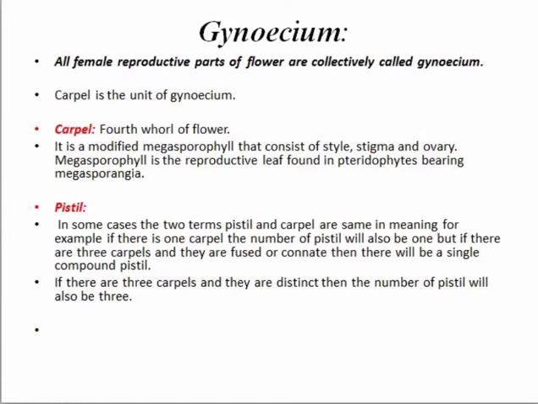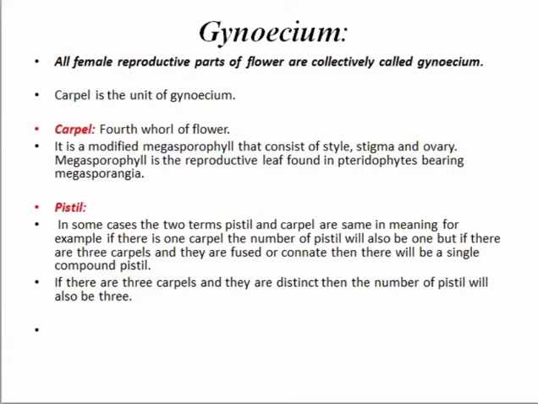But if there are 3 carpels and they are fused or connate, then there will be a single compound pistil. If the carpels are free, meaning they are not fused, then the number of carpels will be equal to the number of pistils. But if the carpels are fused, all these fused carpels will form a single pistil, which will be compound because of the fused carpels.